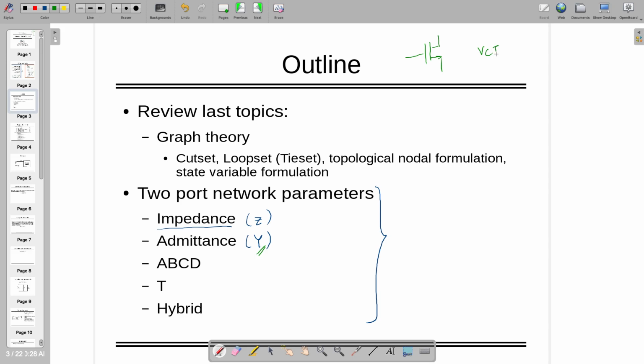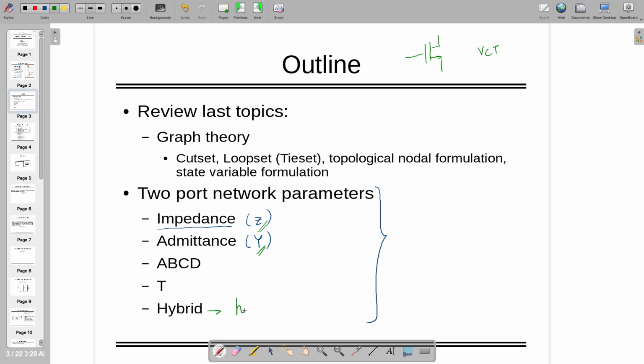We already studied that, but we have not studied what a two-port network really is. We just replaced the transistor with passive components and found the Y parameter. Similarly, we also found the Z parameter, but other than that, there are different parameters which are known as ABCD, T, and hybrid, also known as the H parameter, small h.